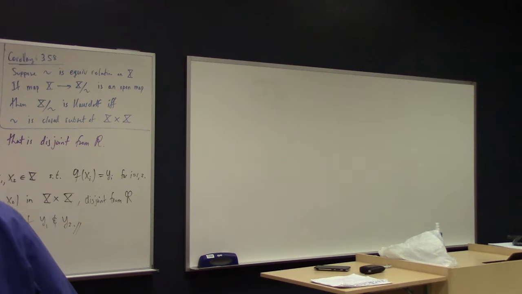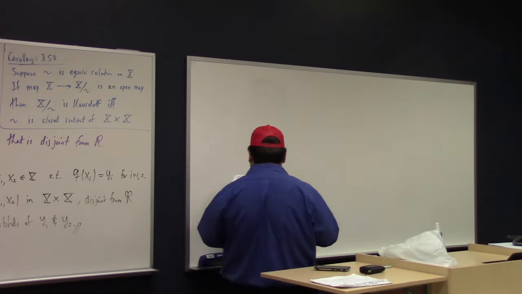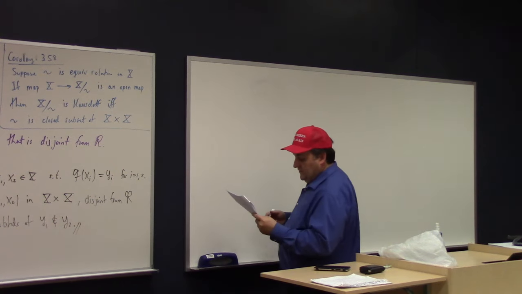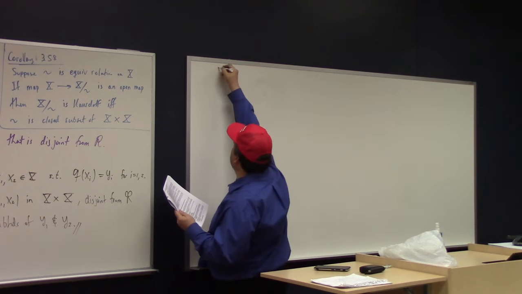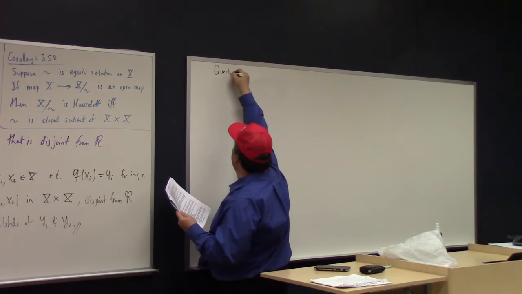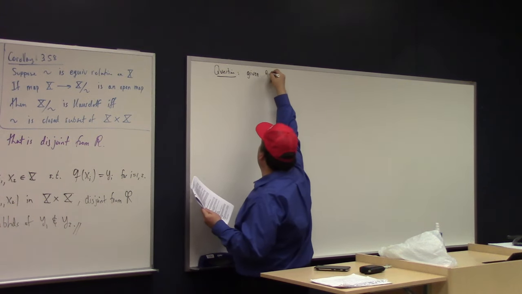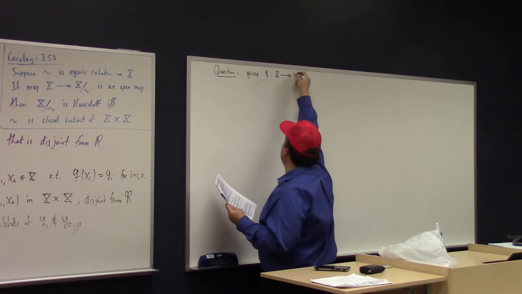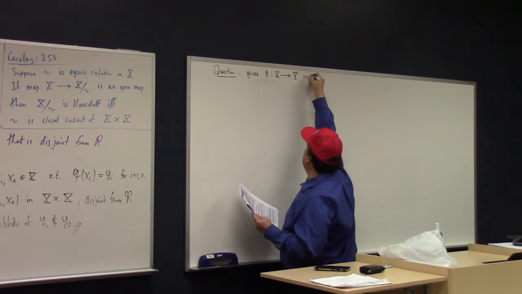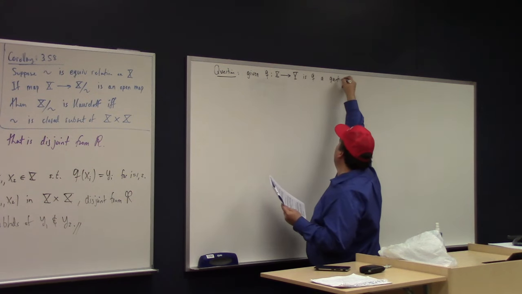In other words, if X and Y are both topological spaces, we're going to explore conditions under which the map Q going from X to Y is a quotient map. So I'll state the question. Given Q, a mapping from topological space X to topological space Y, is Q a quotient map?